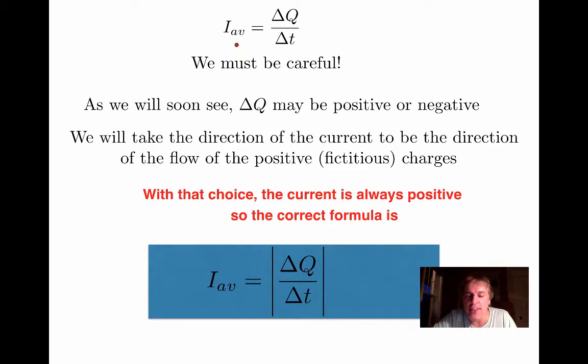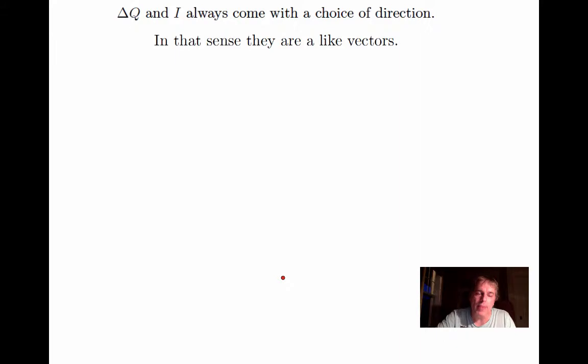The average current is the absolute value of delta Q over delta t. Those vertical bars are the symbol for taking the absolute value. And remember what it does is simply that whenever this thing here is negative, taking the absolute value just means you drop the minus sign. So that way I average always comes out to be positive.